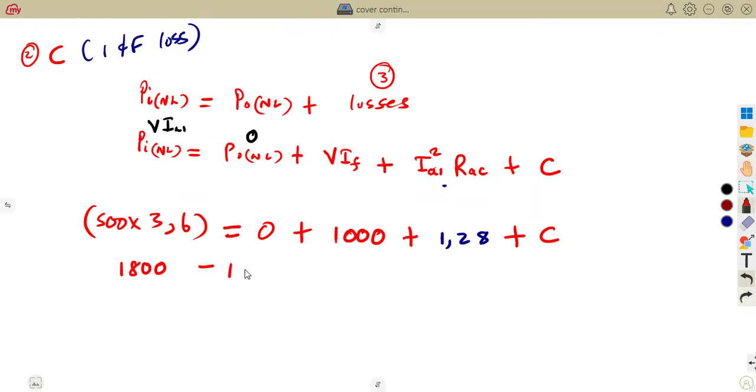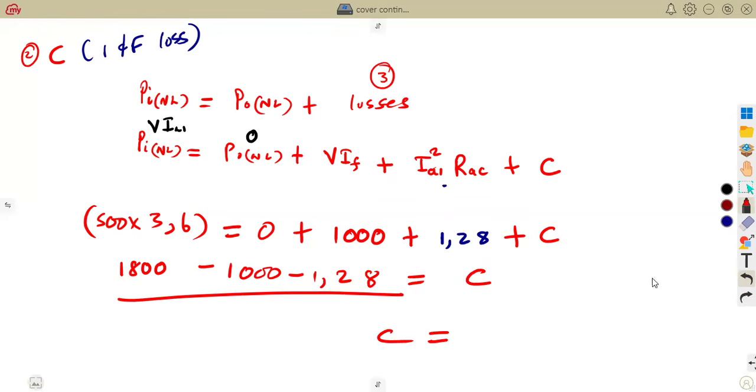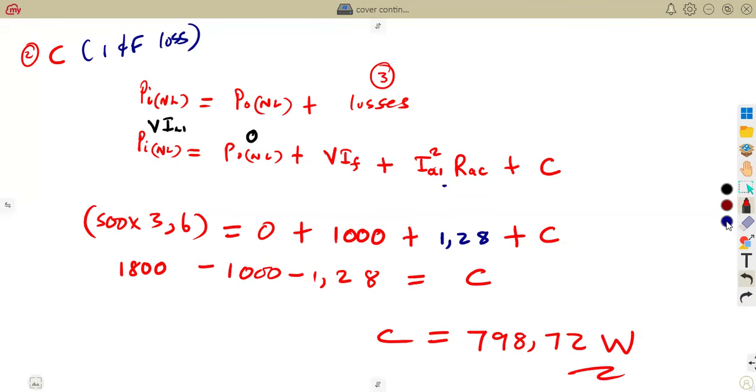So you're going to subtract the 1,000, subtract the 1,28, so that you remain with C. So the difference of these was going to give us 798,72. Okay, so those are your iron, friction, and windage losses. All right, so we have these ones, guys.